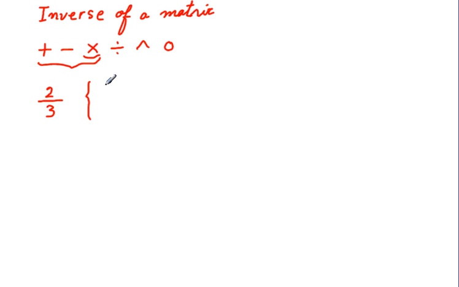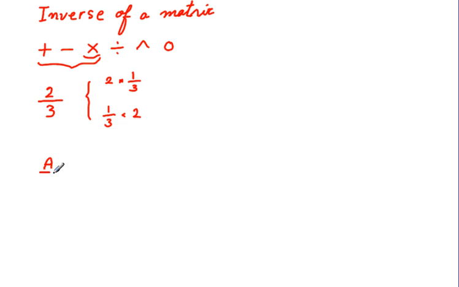You can take 2 multiplied by 1/3, or you can take 1/3 multiplied by 2, and either way you arrive at the same answer. One thing to pay attention to is that for matrices we don't have this luxury.